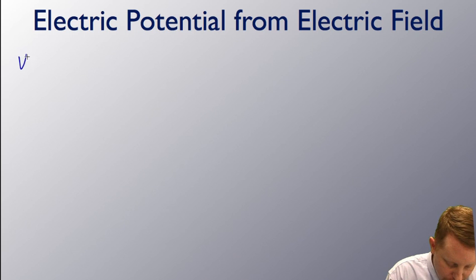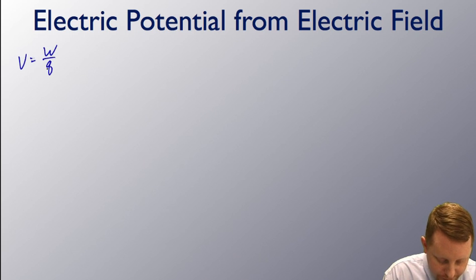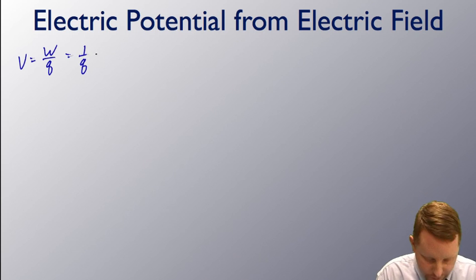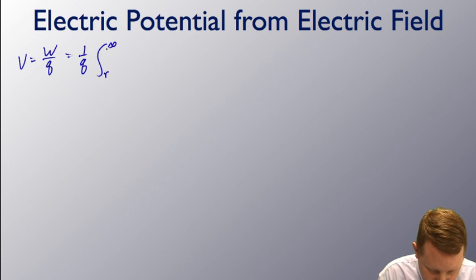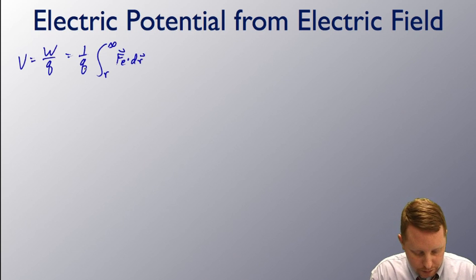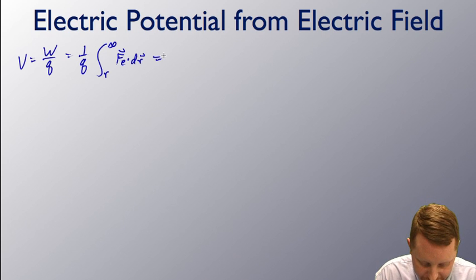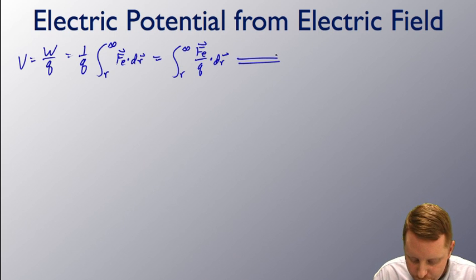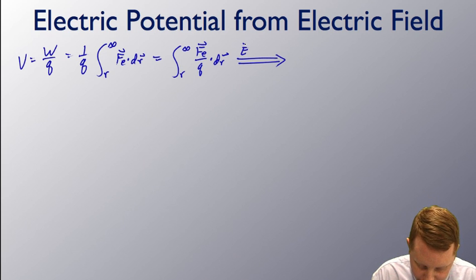We've already talked about potential being the work done divided by the unit charge, or that's 1 over the charge times the integral from r to infinity of the electric force dotted with dr. So we could pull the q back inside here and say that that's the integral from r to infinity of the electric force divided by q dotted with dr. But if you recall, the electric force divided by q is the definition of the electric field.